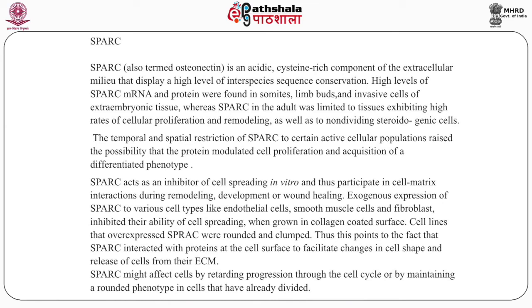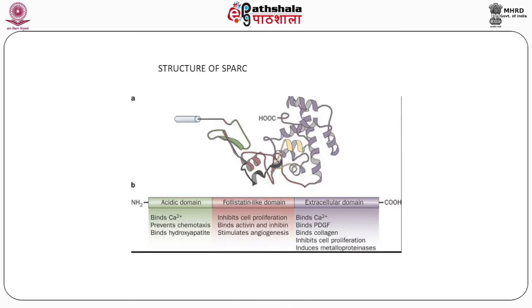High levels of SPARC mRNA and protein were found in somites, limb buds and invasive cells of extra-embryonic tissue, whereas SPARC in the adult was limited to tissues exhibiting high rates of cellular proliferation and remodeling, as well as to non-dividing steroidogenic cells. The temporal and spatial restriction of SPARC to certain active cellular populations raised the possibility that the protein modulated cell proliferation and acquisition of a differentiated phenotype.